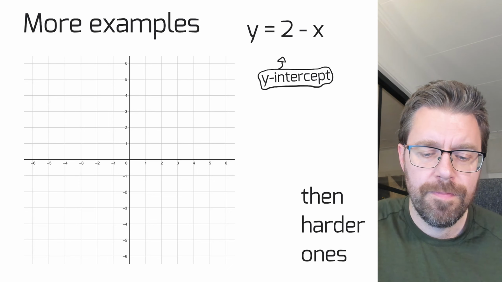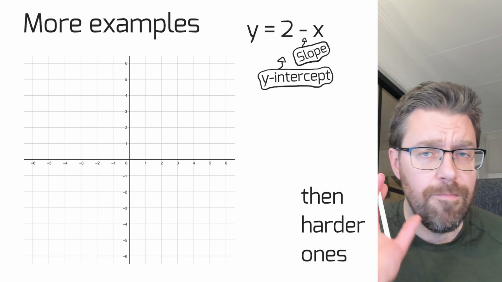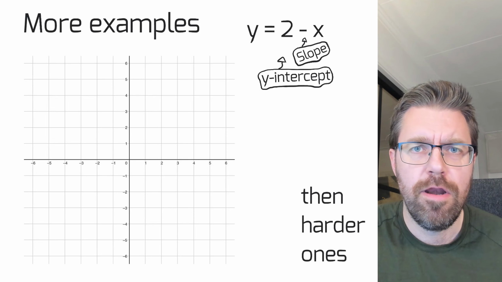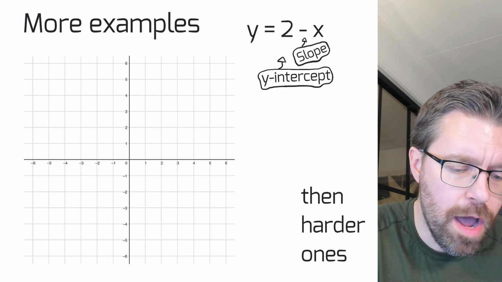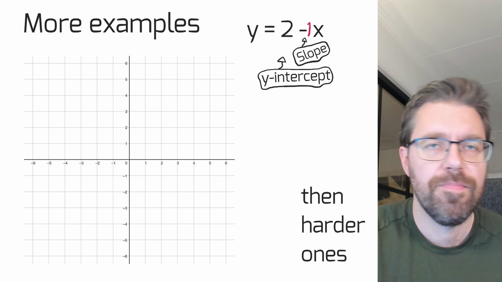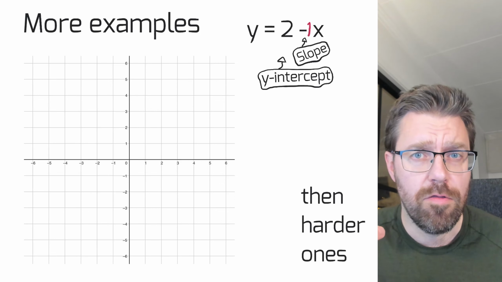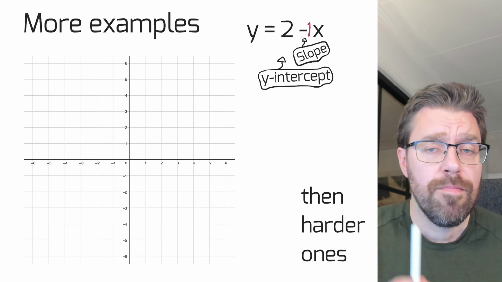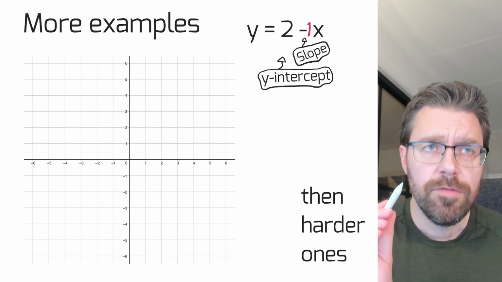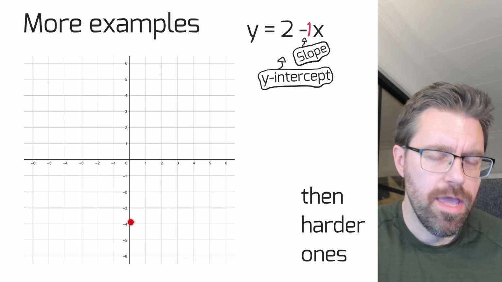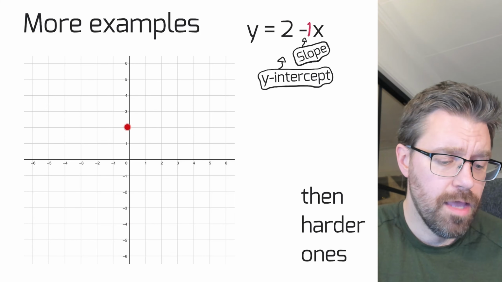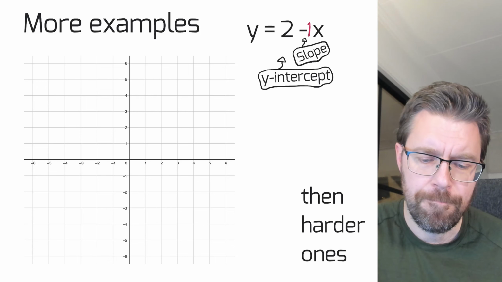The slope is the thing before x, and when it is only a minus sign, then it equals minus 1 times x. So the slope equals minus 1. The first thing is to draw the point on the y-intercept. So 2 on the y-axis, and then we draw a point here.